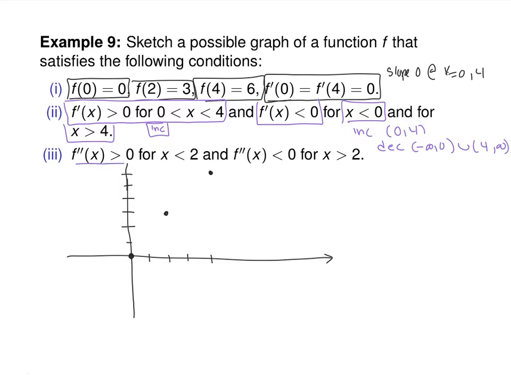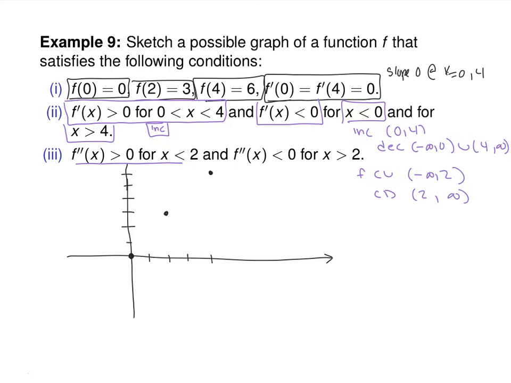And now what does the second thing mean? What's that telling you about? Concave up. Concave up from, I think, negative infinity to 2. Does that make sense? And concave down from 2 to infinity. Yep.